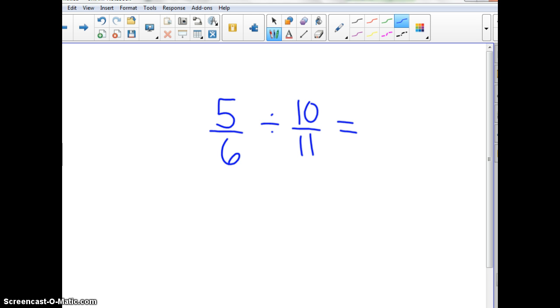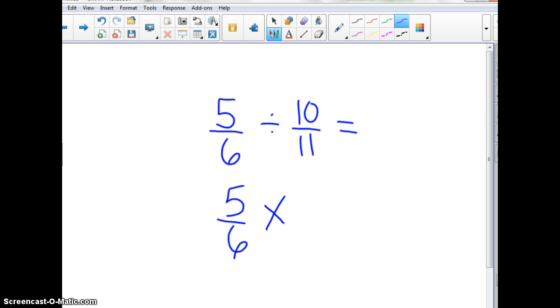The first fraction is our dividend, so we do what to it? Leave it alone, Natasha says. Leave it alone. What comes next, Sarah? Then you flip. Before you flip, you change the divide sign into a multiply sign. Good.